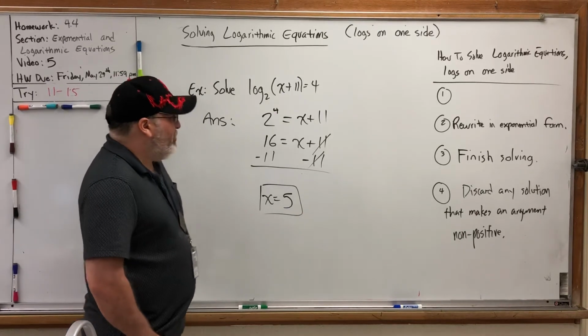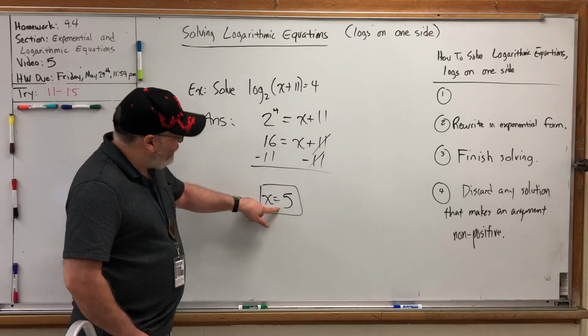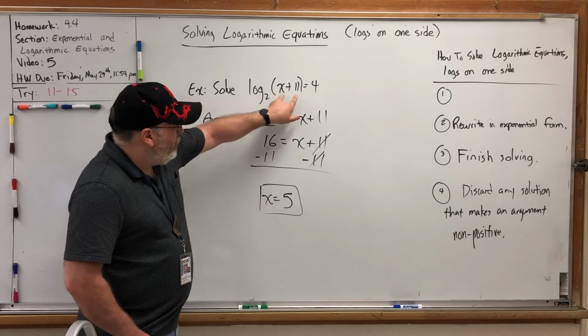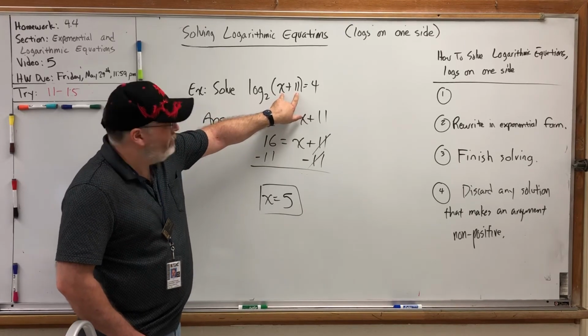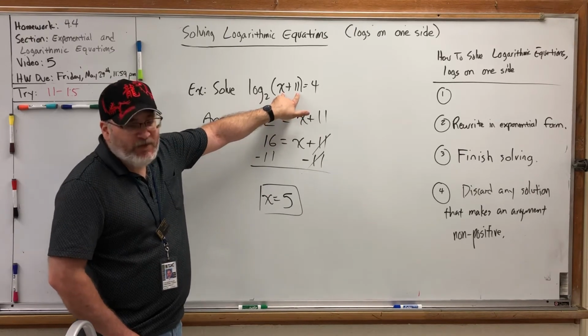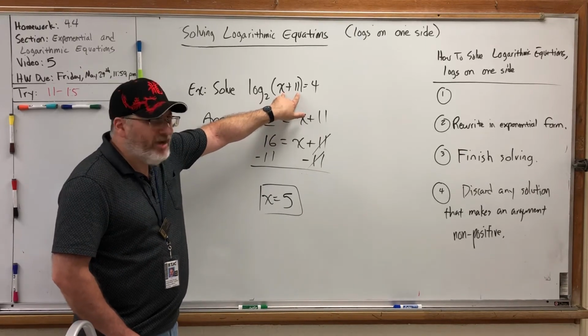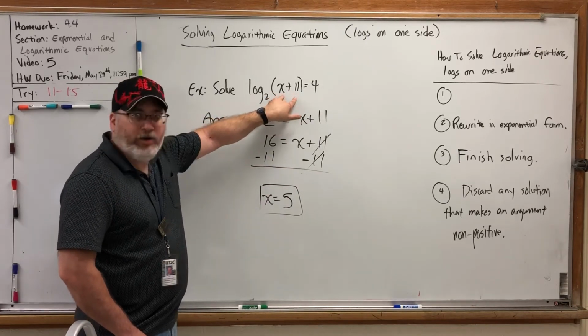So you don't really have to check your answer, you just got to inspect it. If I put the 5 here, will that make it negative or 0? More importantly is, will it keep it positive? Of course it will. 5 plus 11 is positive. It's specifically positive 16, but the thing I'm checking here is, when I put this solution into the argument, does it keep the argument positive?